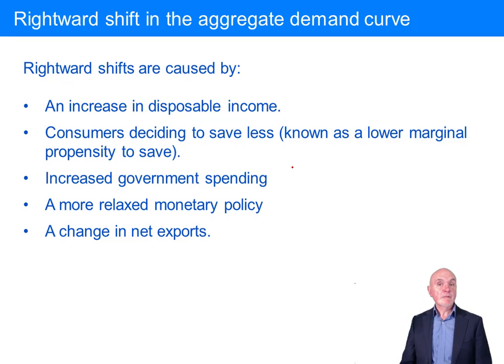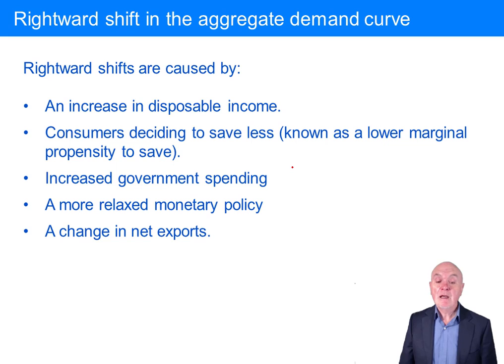Governments, in many countries, contribute about 40, 45, 50% of the economy. If the government suddenly said, right, all our government employees are going to be paid 10% more, then of course there'd be a massive increase in disposable income from all government employees, and that would increase the aggregate demand.